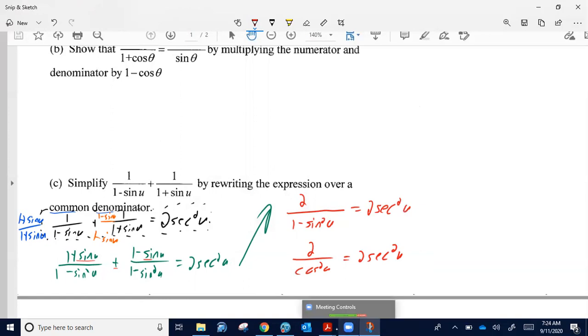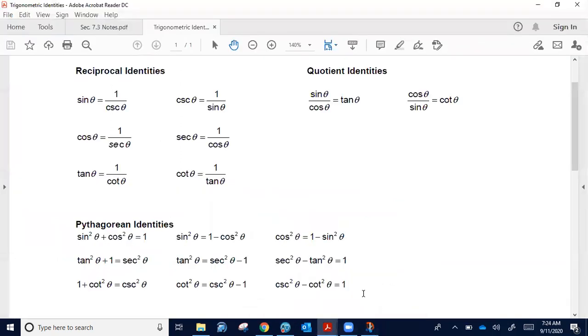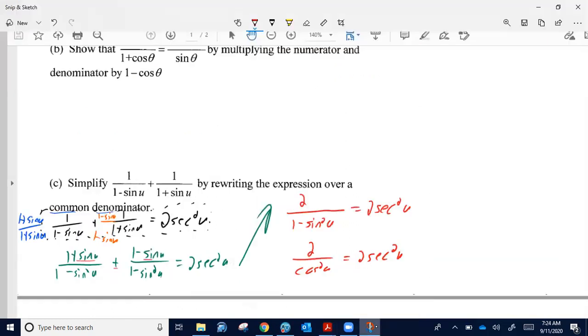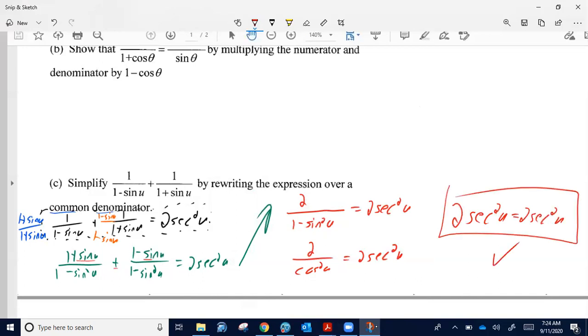Cosine on bottom is good for us right now because 1 over cosine is secant. So 1 over cosine squared is secant squared, and 2 over cosine squared will be 2 secant squared. We've done it. And again, always write the last step. Okay.